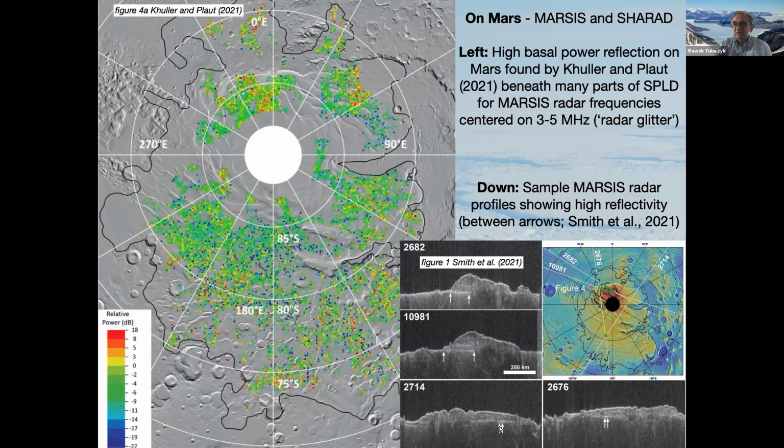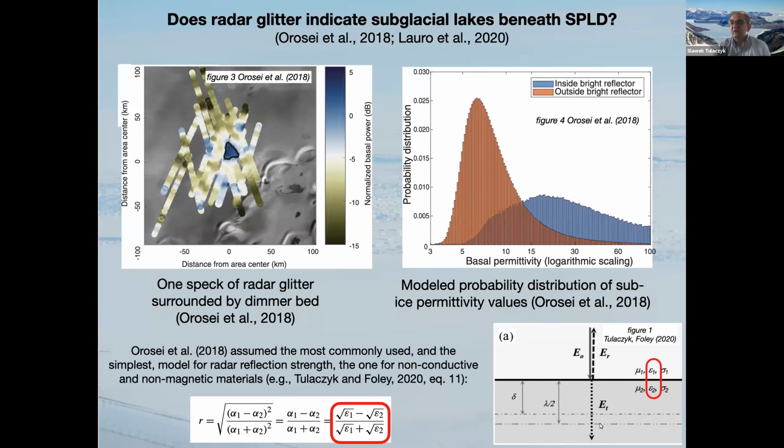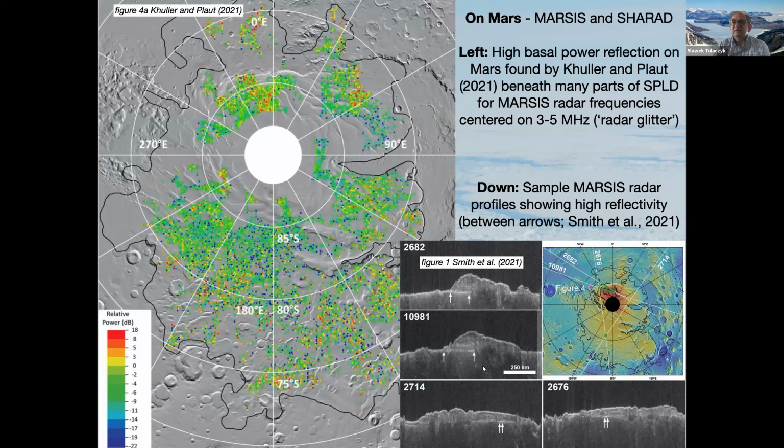So like the regions that were interpreted as subglacial lakes are these kind of localized strong bed reflections beneath relatively thick ice, or I'll keep calling it ice just so I don't have to say polar deposits every time. So we have these localized bed reflections, but also ones that are coming all the way up to the edge of the ice cap right there. And that is quite important.